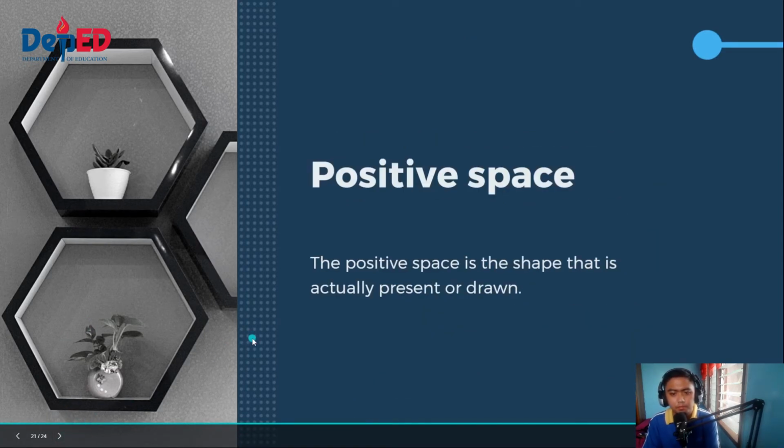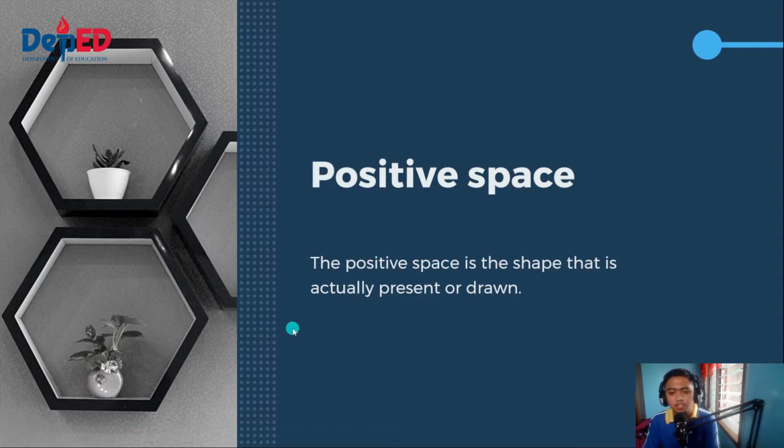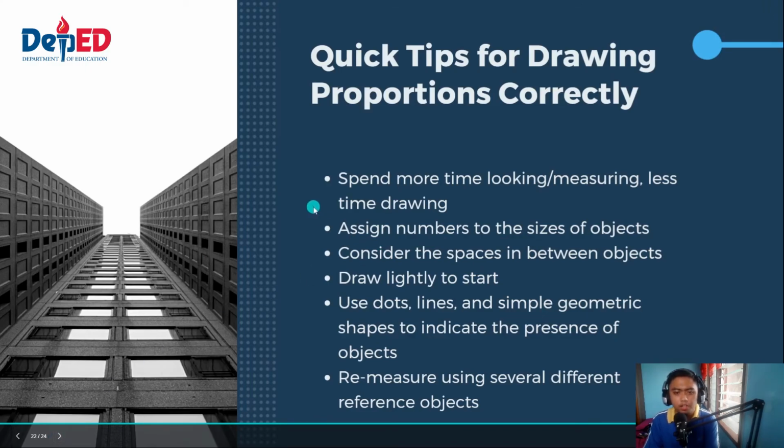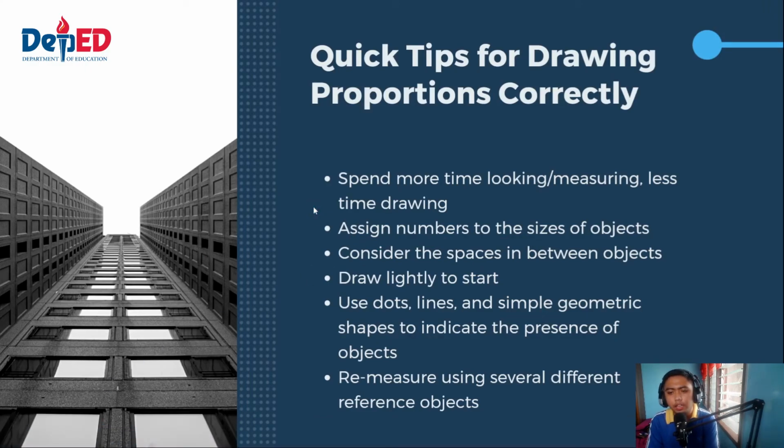First, the positive space. Positive space is the shape that is actually present or drawn. So take note of what you have drawn on your canvas. So tip number 1, spend more time looking or measuring, less time drawing. Okay, again, more time looking and measuring than drawing.